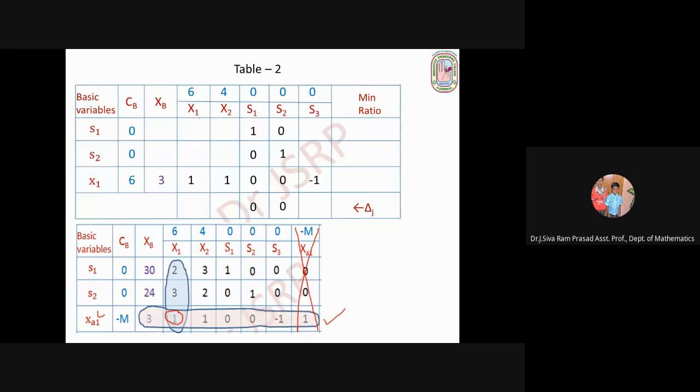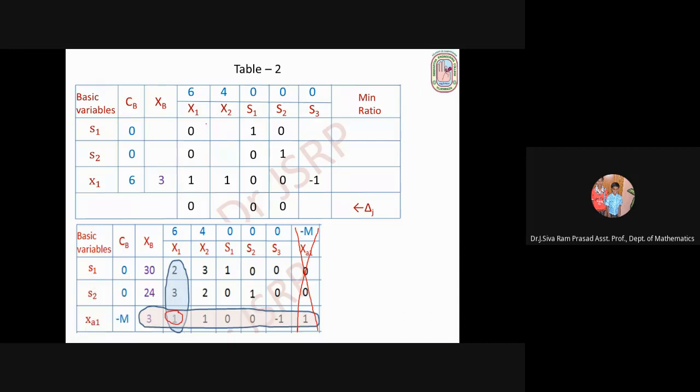X1 is in the third place, so the X1 column already has 1 in the third place, remaining zeros, and the delta J value is also 0. So more than half of the table is completed.